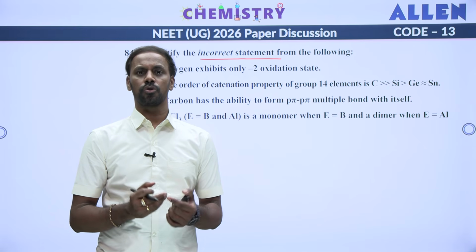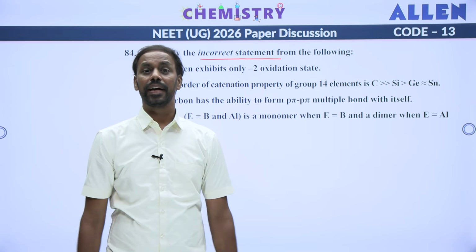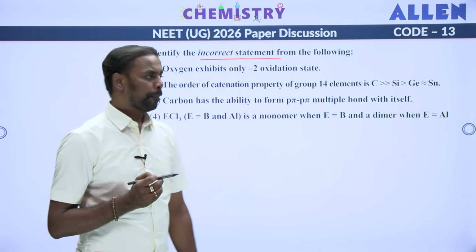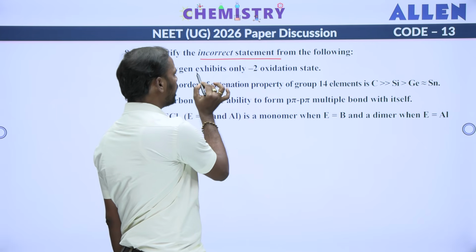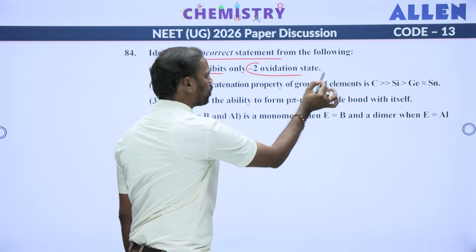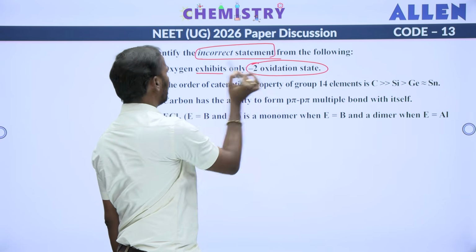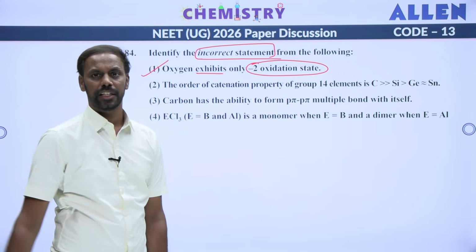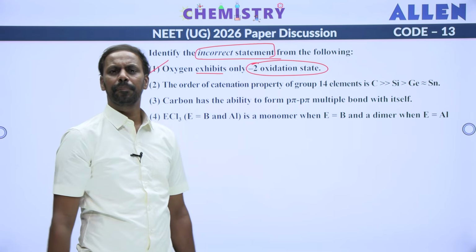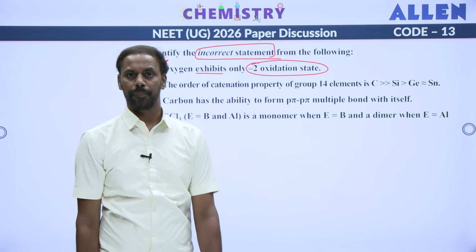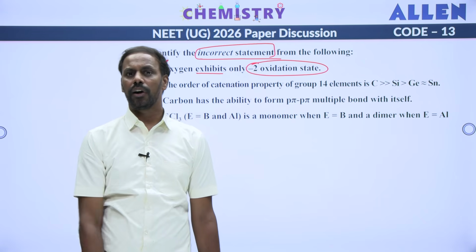Oxygen can also show positive oxidation states like +1 and +2 whenever it is connected to fluorine. But what was the question? Oxygen exhibits only -2 oxidation state. That is an incorrect statement. They are asking for the incorrect statement here. Rest all are correct statements. No need to check also, because already we got to know this is the incorrect statement. Is it clear, student? This question was asked from where? P block elements.